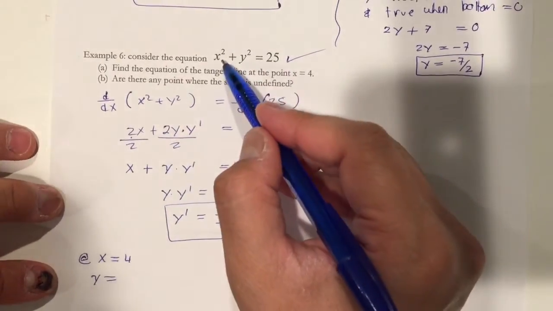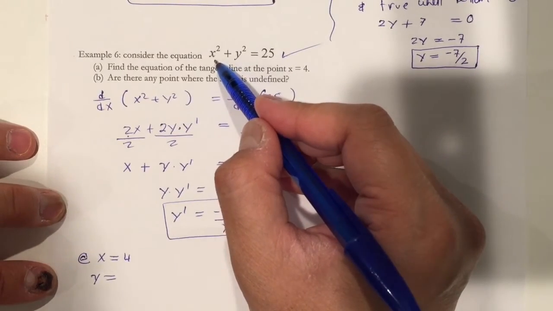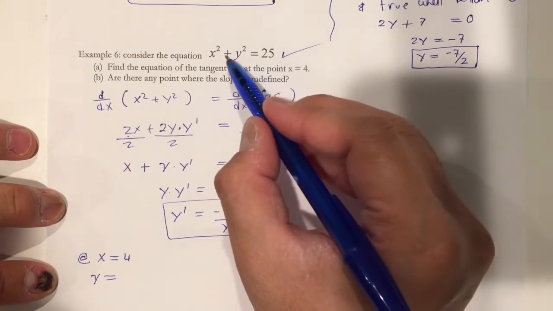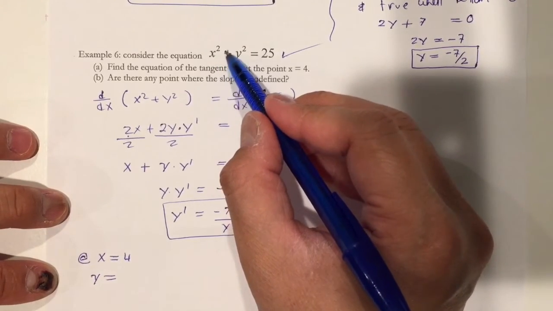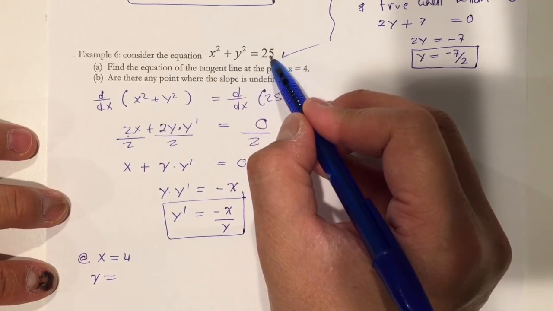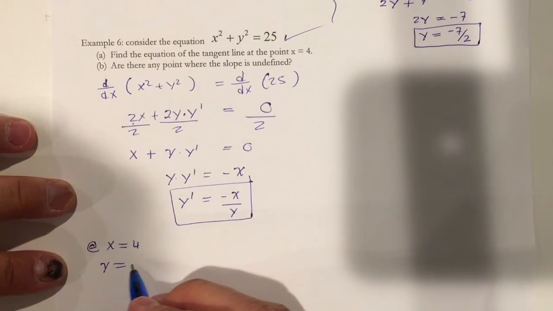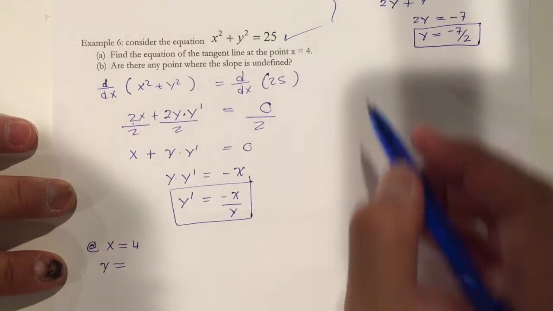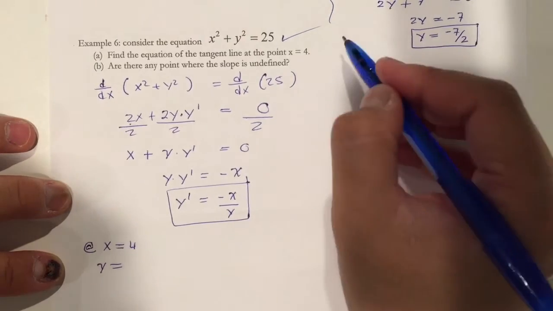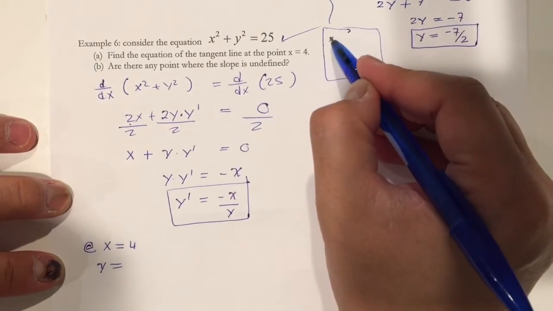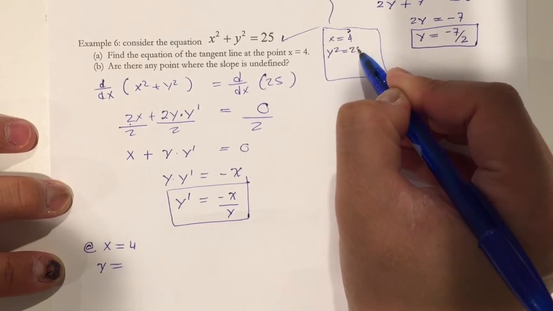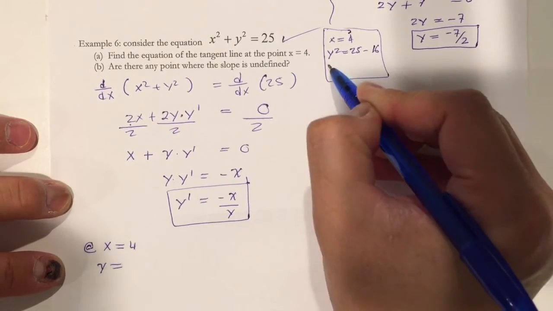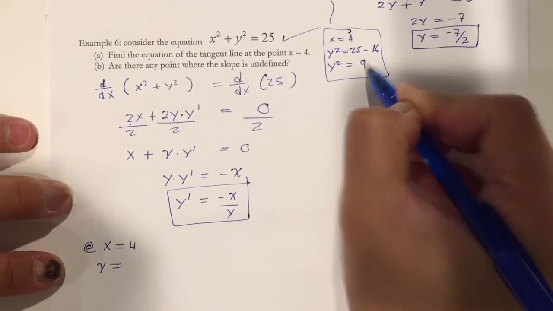If I plug 4 in there, I get 16, and if I subtract that from 25, I get 9. So, on the side over here, when x equals 4, y squared equals 25 minus 16. So y squared equals 9.